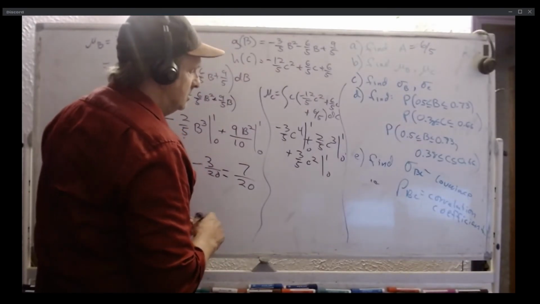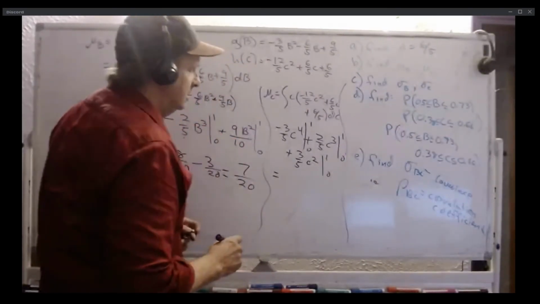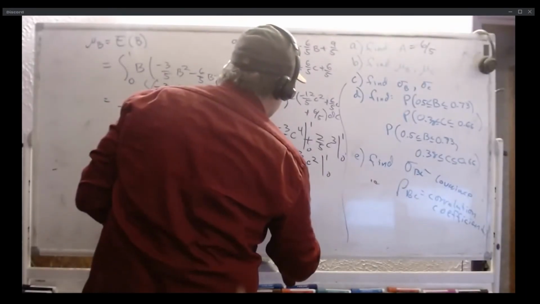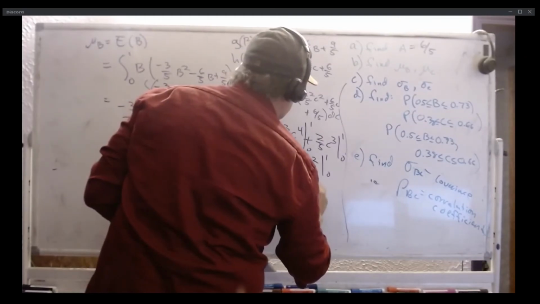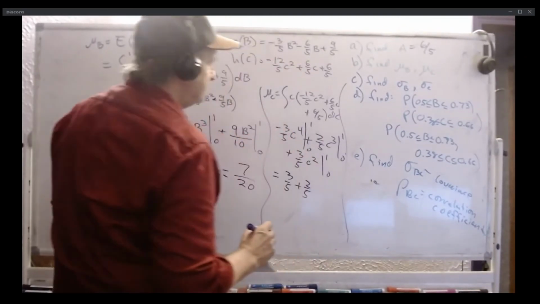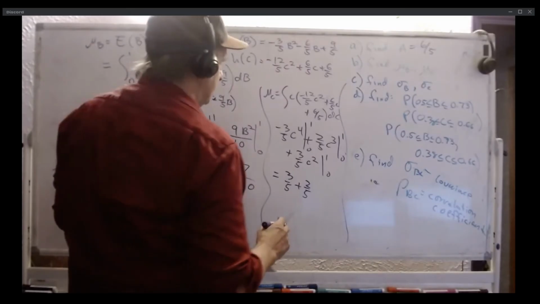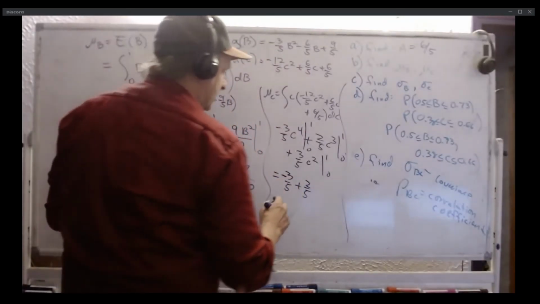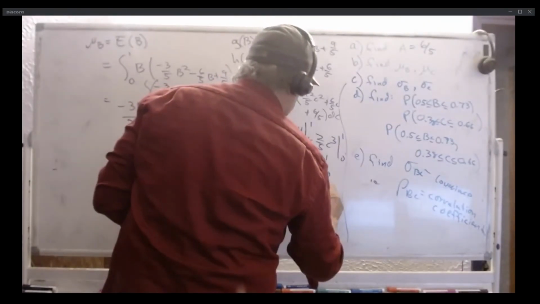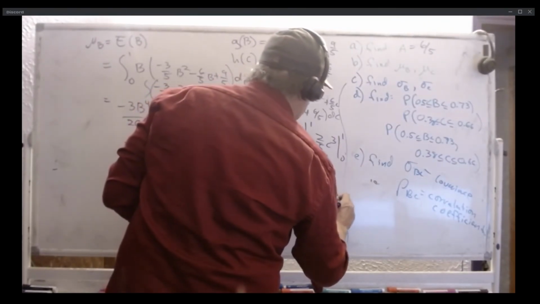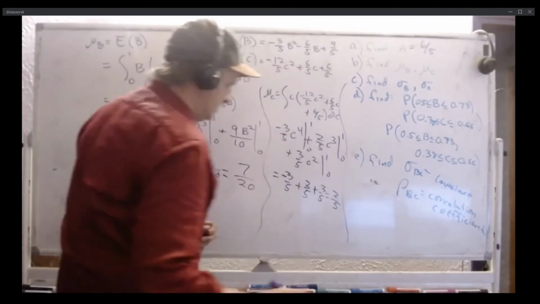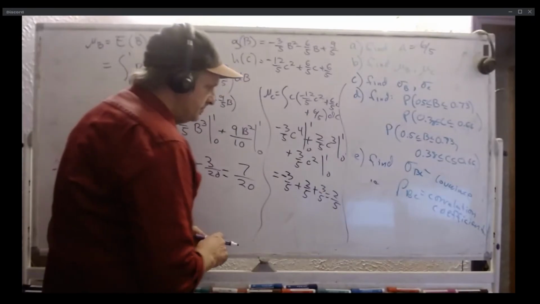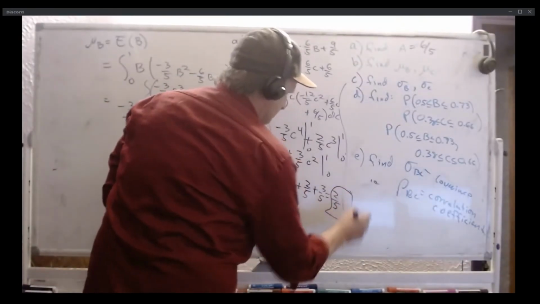Did I do anything wrong? Let me know if I screwed anything up, guys. That's what I got so far. I dropped a sign already. Right here. It's negative 3/5. I get 2/5. Is that correct? Talk to me. Yeah, 2/5.